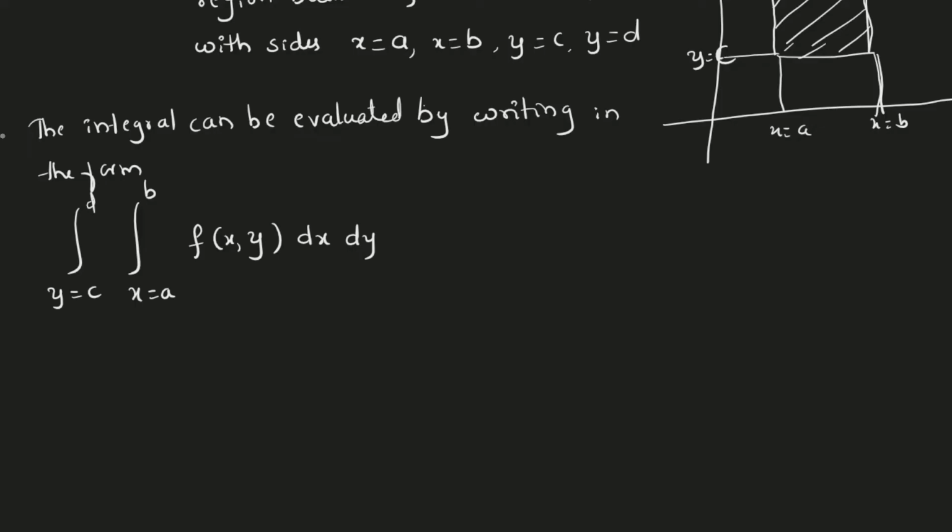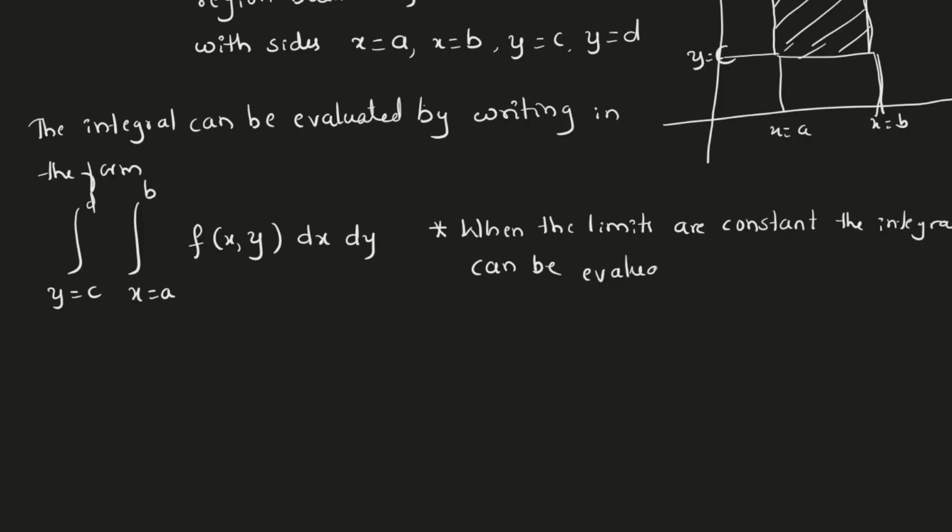Suppose this is one type. So whenever you have what you have learned from this, when the limits are constant, the integral can be evaluated in either way.